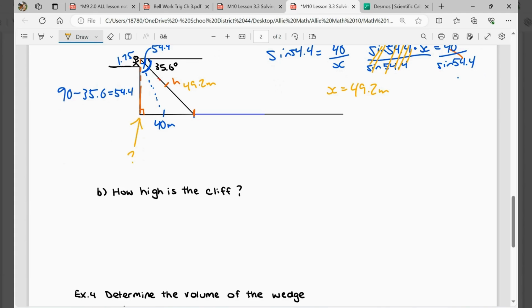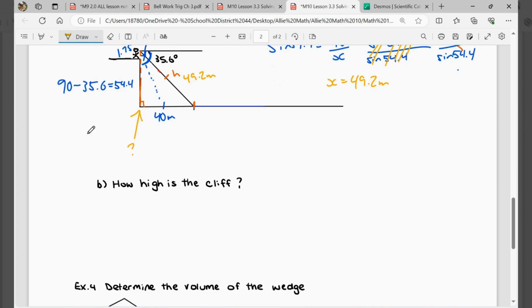We can use the Pythagorean theorem, or we can use the fact that we have the opposite and we'd like the adjacent. We can use the tan ratio as well. So we can say tan 54.4 equals opposite, 40, over the adjacent, which we don't know.